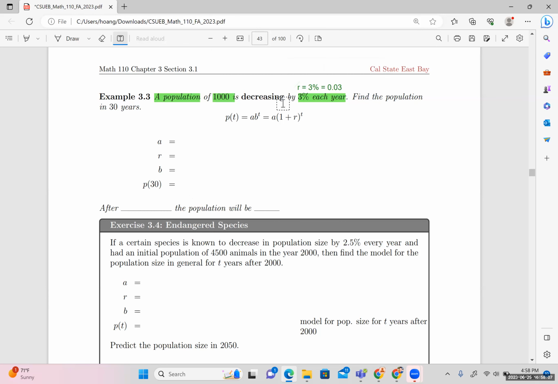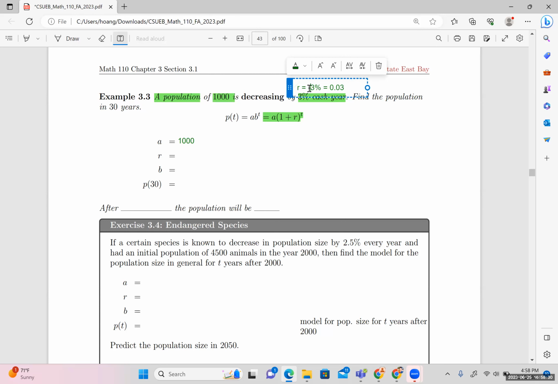A is going to be equal to 1,000 as the initial amount, and the rate. I forgot one more thing. It's a decrease, so I would like to subtract.